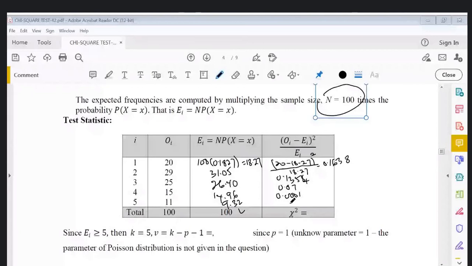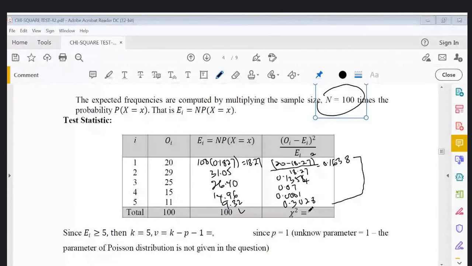What is the total value? Sum everything up: what is the chi square value? Normally we use four decimals, but for this case it is okay. We get 0.6764.